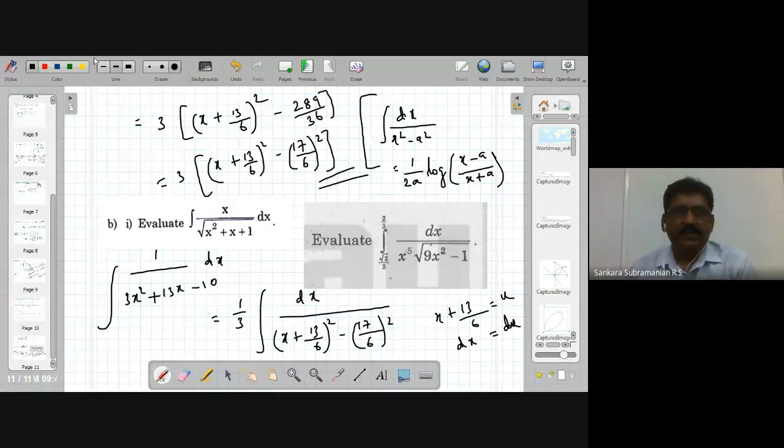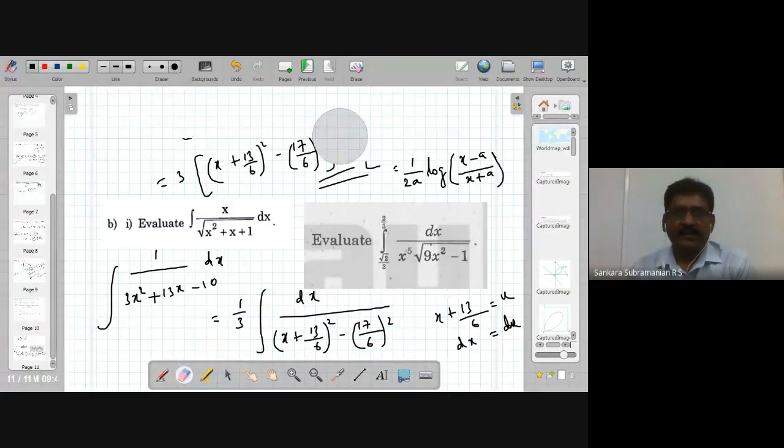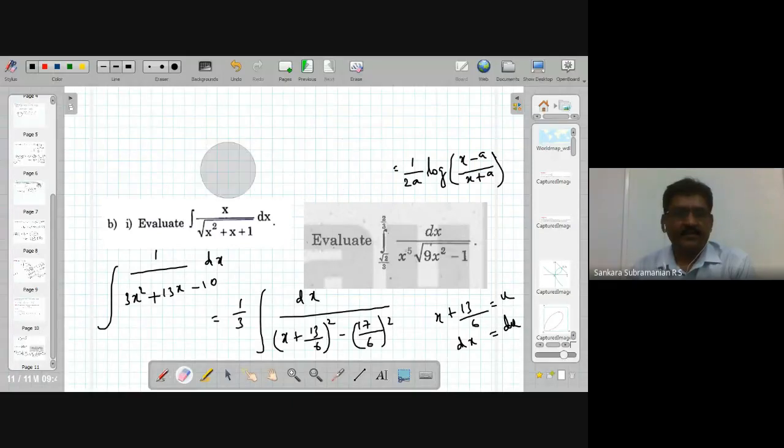Therefore, you can rewrite the given equation as 1 by 3 times of, instead of dx you can put du, and instead of x plus 13 by 6 you can put u, which means u square minus 17 by 6 the whole square. Now you can fit with the formula.